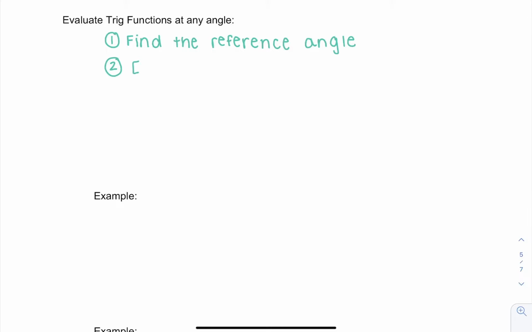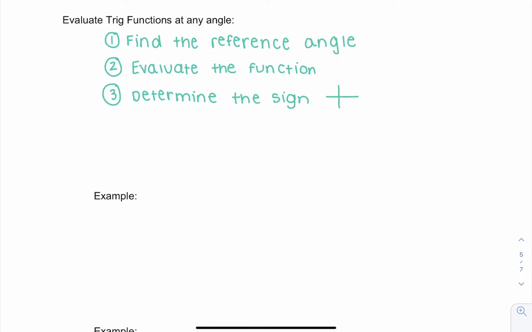Then you're going to evaluate the function. So sine, cosine, tangent. Then you're going to determine the sign. And remember, you can determine the sign of the function by using All Students Take Calculus.